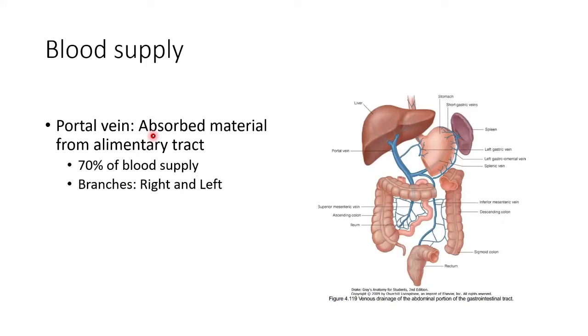So here you have the portal vein. The portal vein obtains blood draining from the GI tract, from the stomach, the small intestine, and the large intestine.